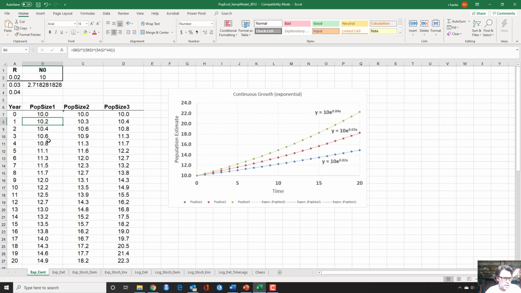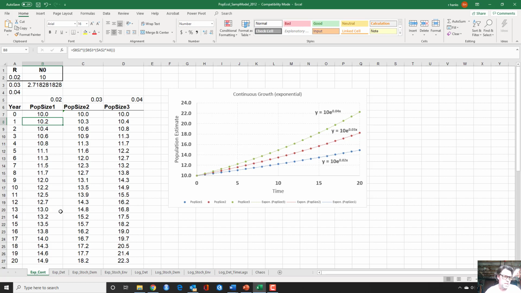That's up here, and you may see that's the formula built into Excel. You can see that if I change the rate R, and R here is equal to 0.02, and then 0.03 and 0.04. Those are the R values for each of these different populations.